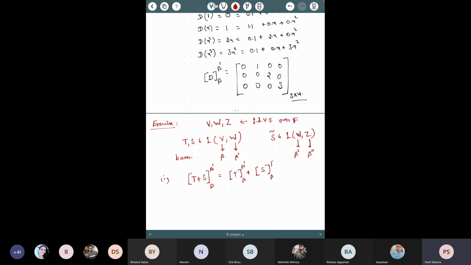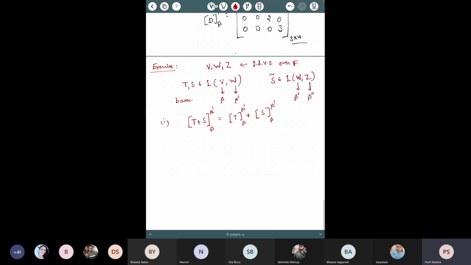Similarly, if you take the scalar multiplication of any linear transformation, it is again a linear transformation, so you can talk about its matrix also, and this is equal to alpha times the matrix of T with respect to B and B dash. Alpha is a scalar.